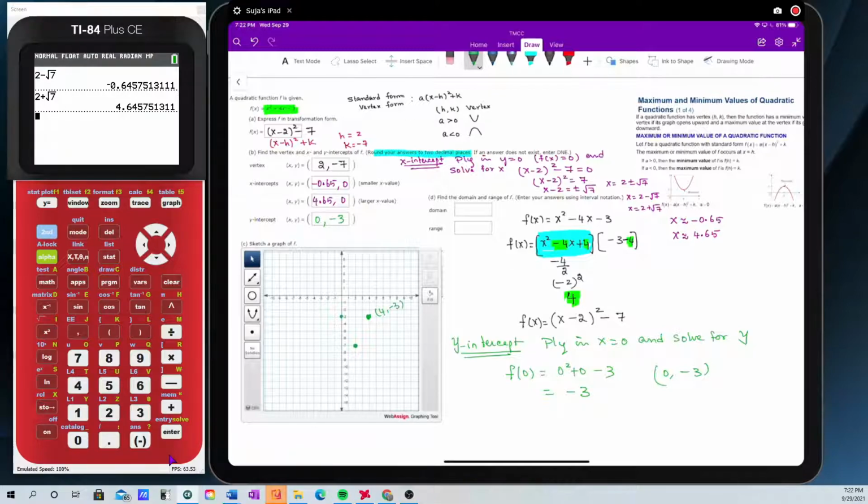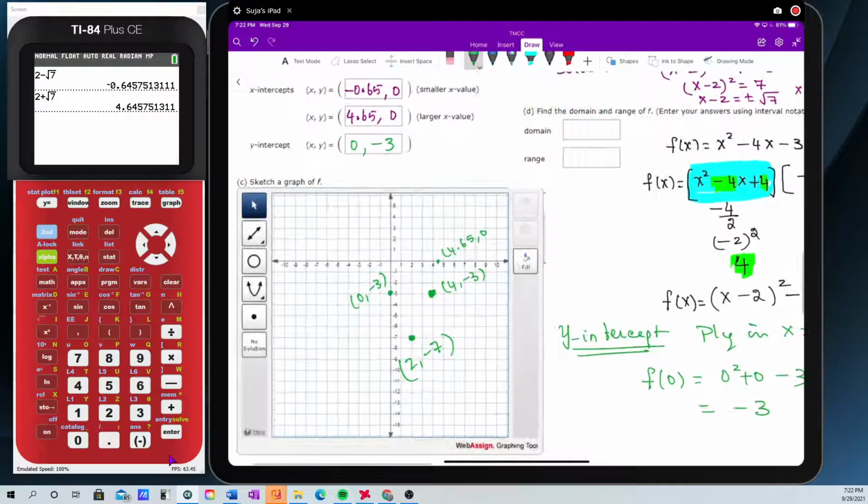Then I have the point 2 comma negative 7. And if I put the x-intercepts in, 4.65 comma 0 is somewhere here, and negative 0.65 comma 0 is somewhere here. These two are approximations.